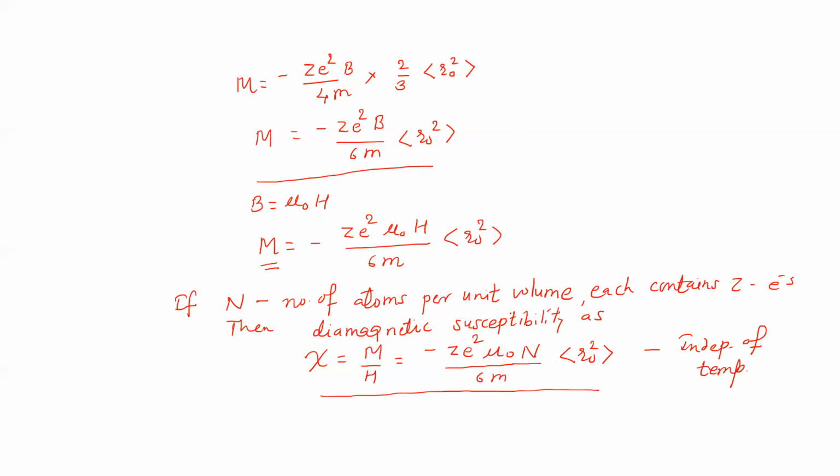So from this equation, we can conclude some things. I will write again here the expression for the susceptibility as chi is equal to m by H is equal to minus n mu 0 into Z square divided by 6m into R0 square.